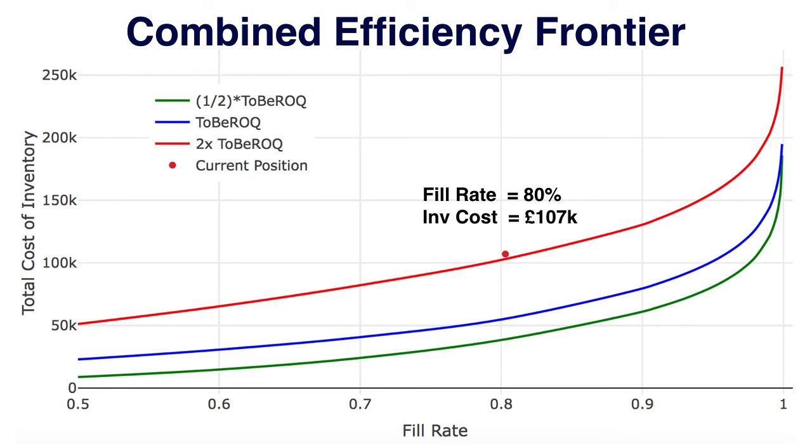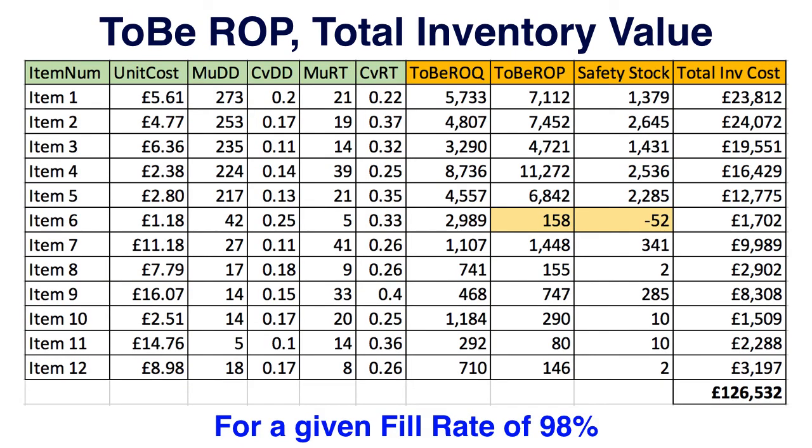Maybe we should try 98%, so I'll set 98% in my calculation and figure out the corresponding values of ROP for all these items, and this is what I get. For a given fill rate of 98%, I calculate ToBe ROP values for all the items, and of course the safety stocks also.